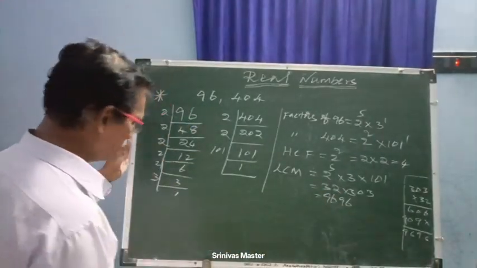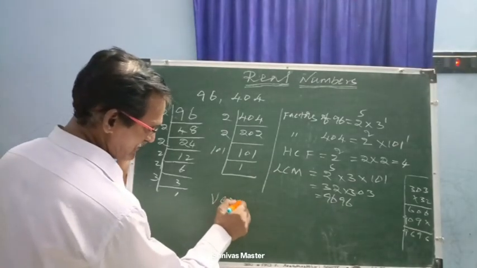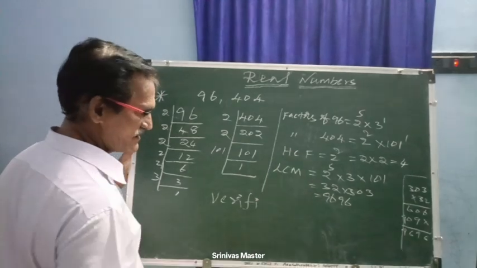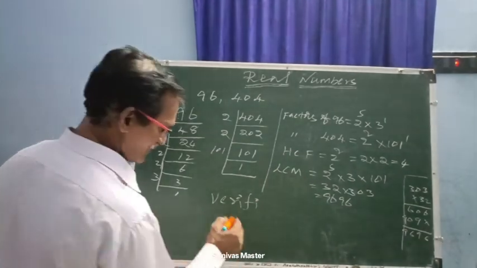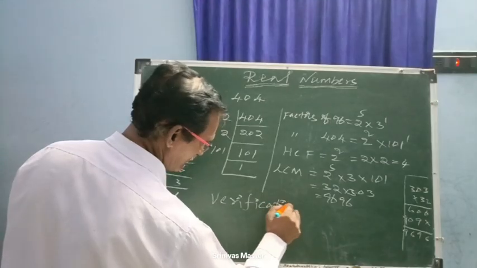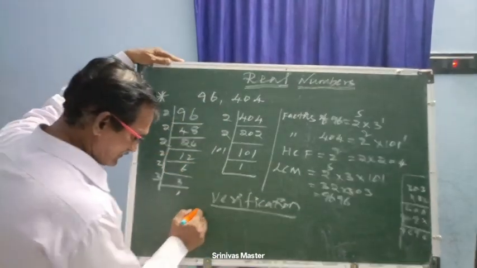Now what do you have to see? Verification. If verification is perfect, then whatever HCF and LCM you got are definitely correct. What is the verification formula? Say, children.